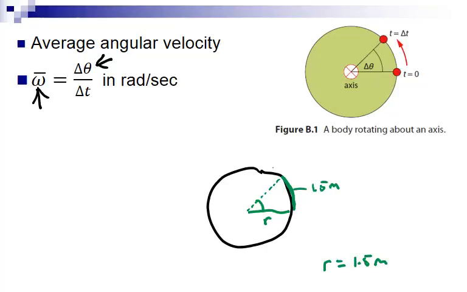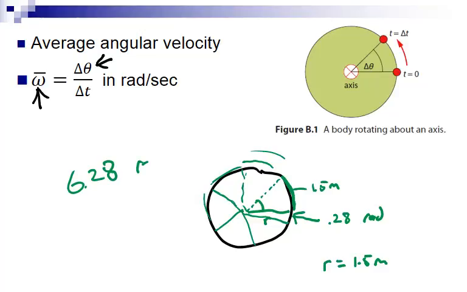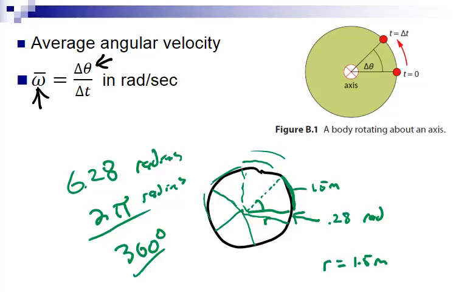And then another length of 1.5 meters would be the second radian, then a third, a fourth, a fifth, and a sixth, and then a little bit more, 0.28 radians more. The full way around is 6.28 radians, which is 2 pi, which is 360 degrees, right? So 2 pi radians is 360 degrees.